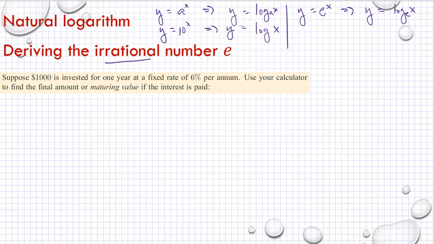But we don't use logarithm when we talk about base e. We're using ln of x, or the natural logarithm of x. That's why it is important for us to know what that irrational number e is. In your calculator you have ln and e as the inverse or the shift.